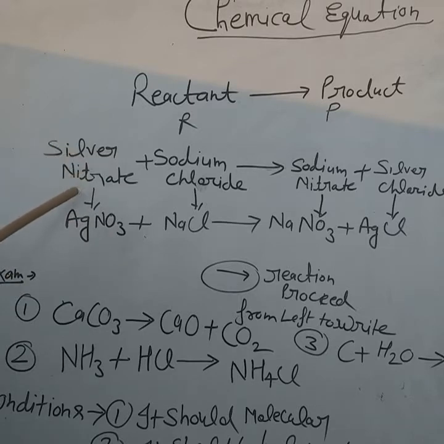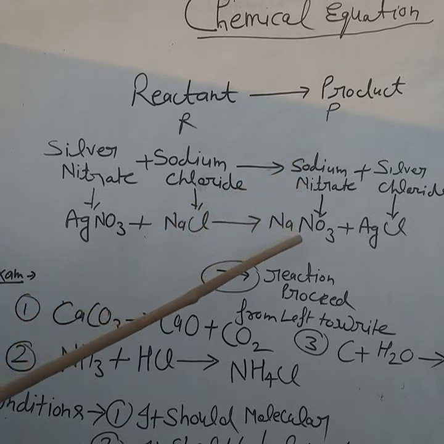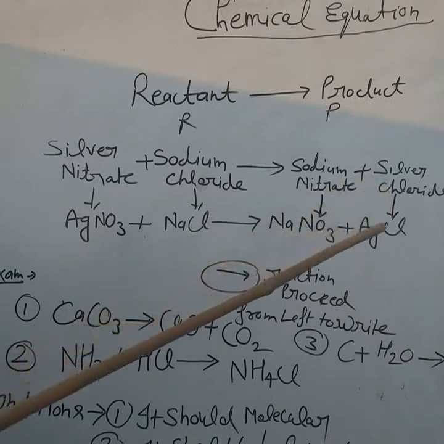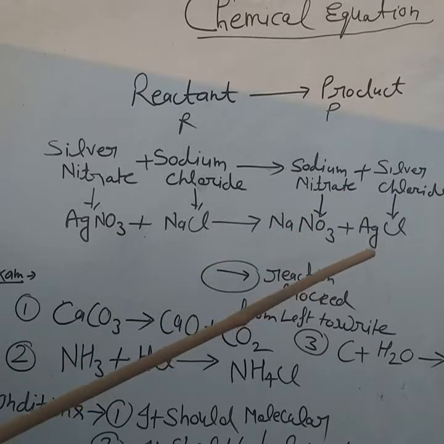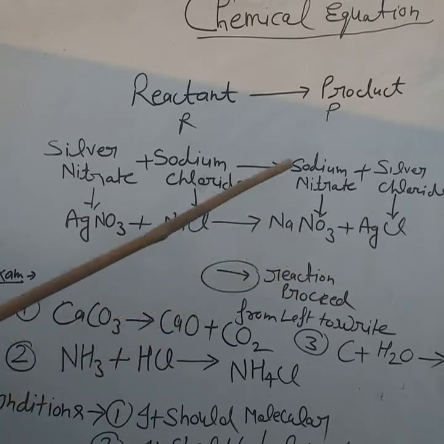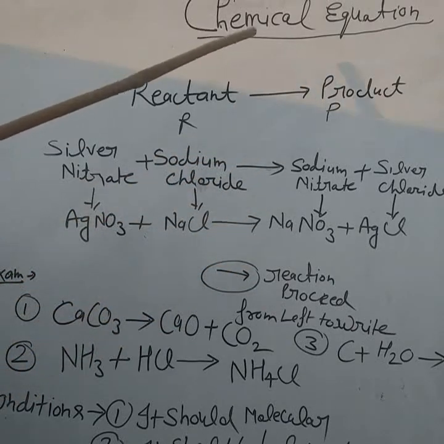AgNO3, silver nitrate, and NaCl, sodium chloride, react and give sodium nitrate, NaNO3, and silver chloride, AgCl. This is the correct method of representing chemical equations.